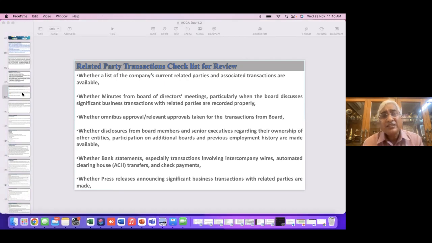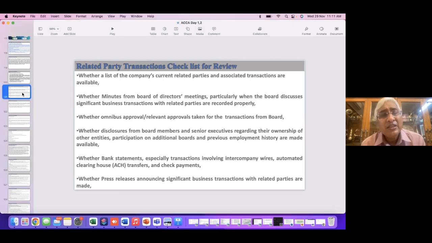Now, if I want to see the related party transactions, then there is a checklist of how we can check the related party transactions. First, whether a list of the company's current related parties and associated transactions is available.